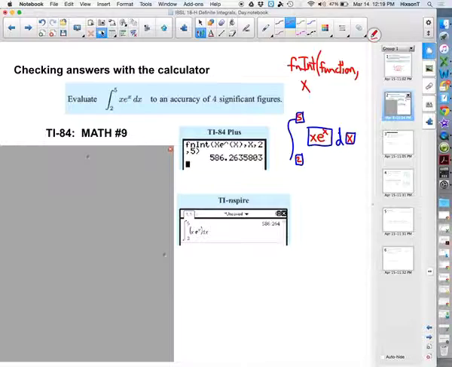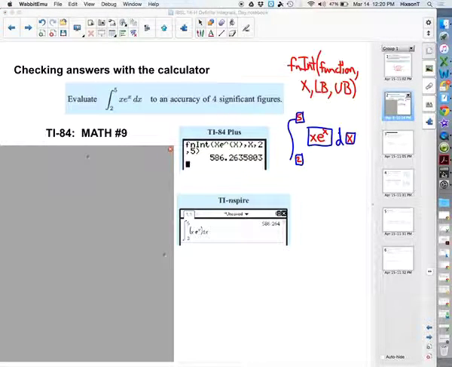And then you put your lower boundary, in this case 2, call that LB for lower bound, and then your upper boundary, 5 in this case, after that. And you just hit enter, and you've got your integral.